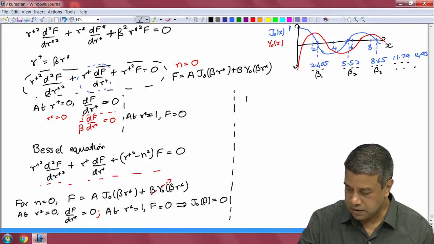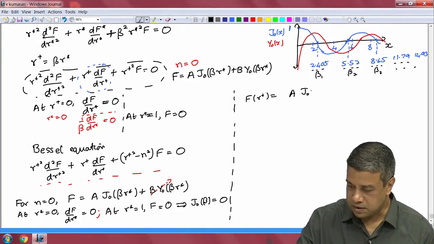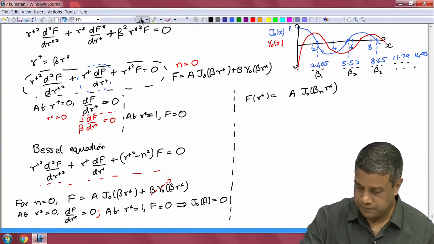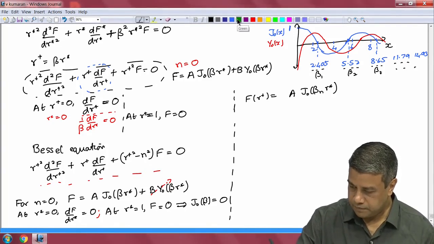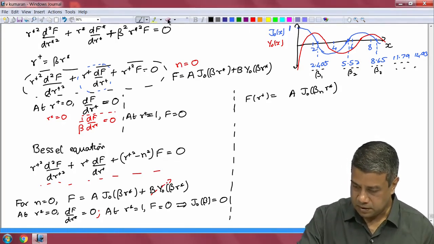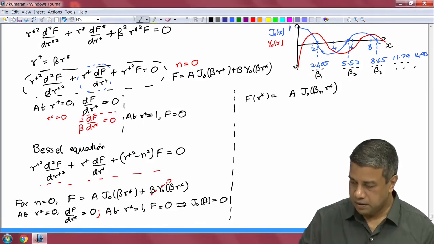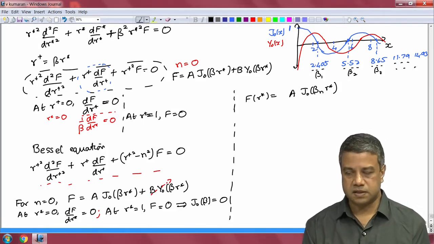Therefore the function f of r star is equal to A times J0 of beta n r star, where beta n has one of these discrete values.